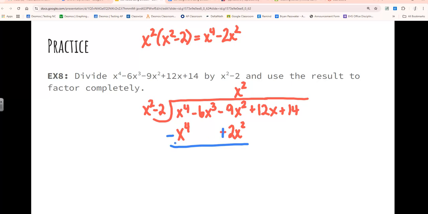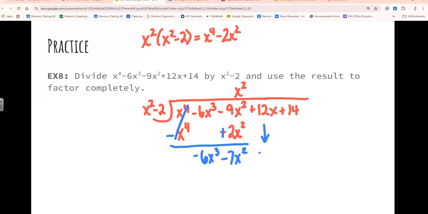We will subtract. This will cancel. And then we basically just bring down that negative 6x to the 3rd. And then negative 9x squared plus 2x squared is going to give us negative 7x squared.